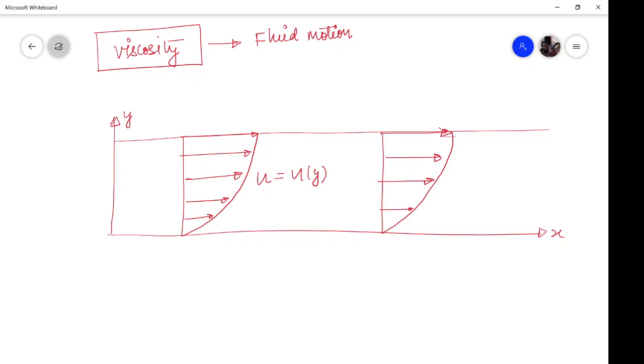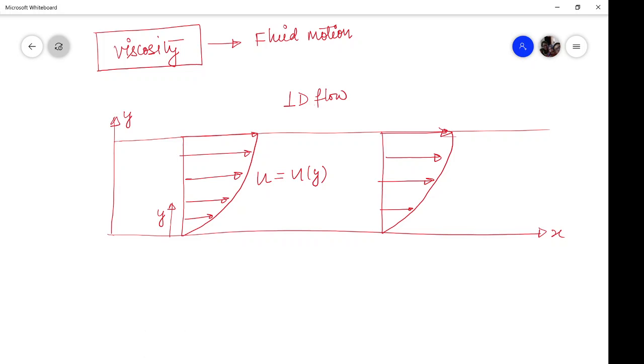This is an example of one-dimensional flow, and as the velocities are in one direction, this is a one-dimensional parallel flow. If at any distance y you look very closely, you will find that there exists a shear stress field. How is that happening?